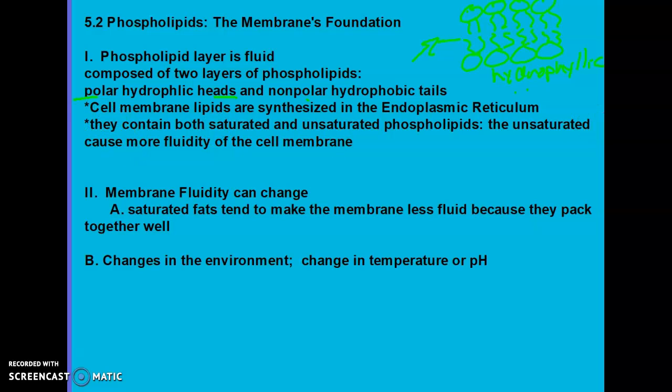So I added a little bit here. The cell membrane lipids are synthesized in the endoplasmic reticulum. I think that's important to mention. And then they contain both saturated and unsaturated phospholipids.